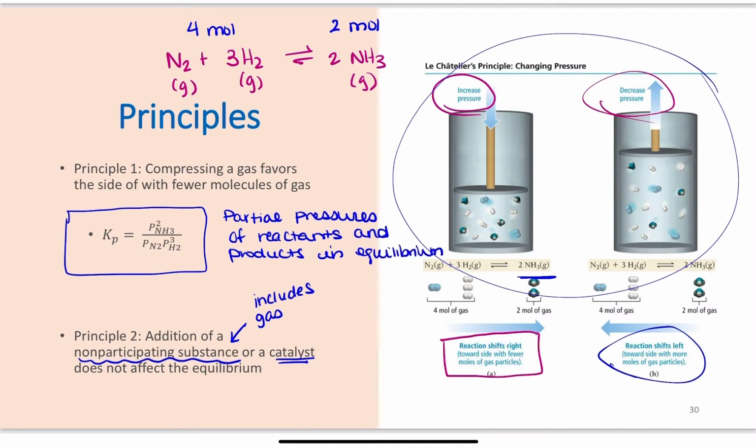Addition of helium doesn't affect the individual partial pressures comparative to one another. Does it affect the partial pressures of the overall system? Sure, there's more gas particles, but the ratio of these species to one another does not change. Therefore, adding a non-participating substance such as helium gas does not have an effect on your reaction.